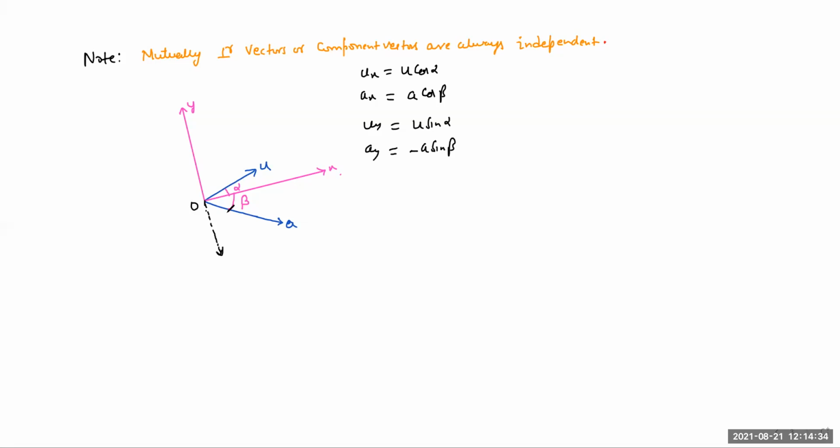The choice of which direction you take as X and which as Y is not unique, so it will have infinite orientations. The only constant is that when you draw X and Y, they should be mutually perpendicular. So this must be 90 degrees. That's the only constant you have, which is part of the definition of the Cartesian system.